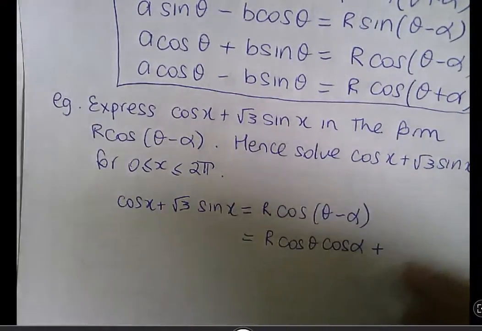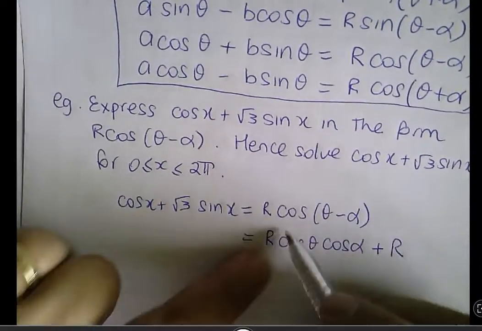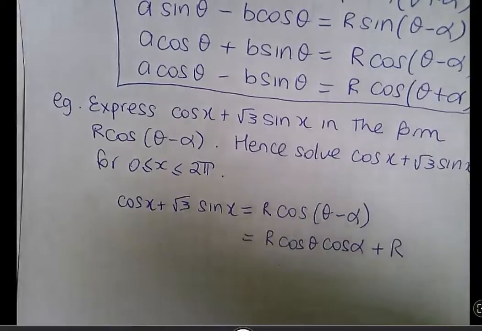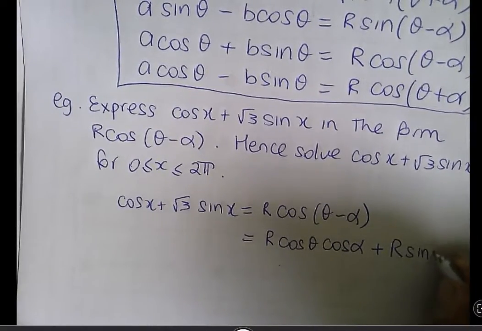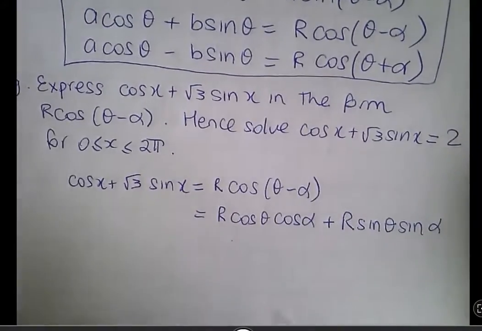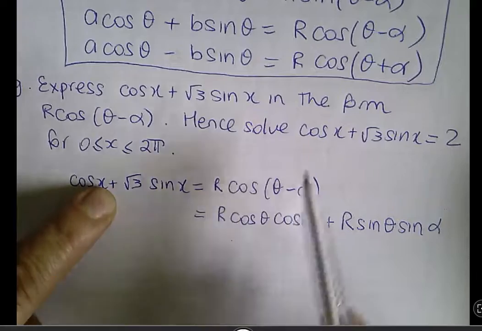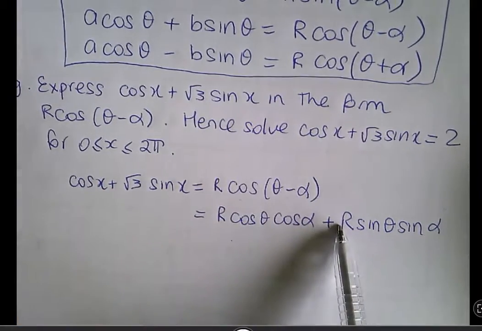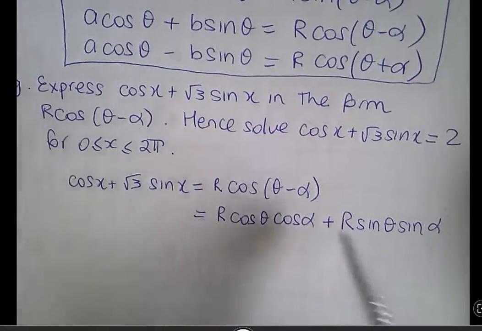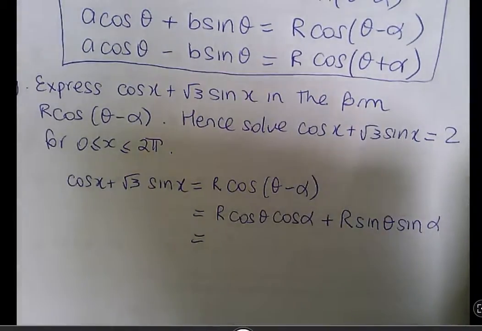Plus, now instead of putting bracket here, I'll just put the r again, plus r sine theta sine alpha. Notice why the plus cos question with the minus? Because when you expand the minus one, you get the plus and you change the sign. So now they're identical.